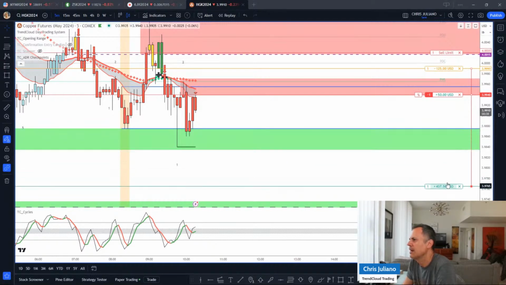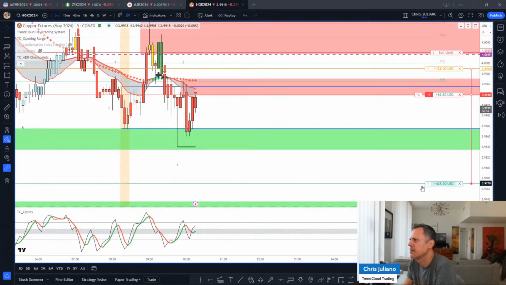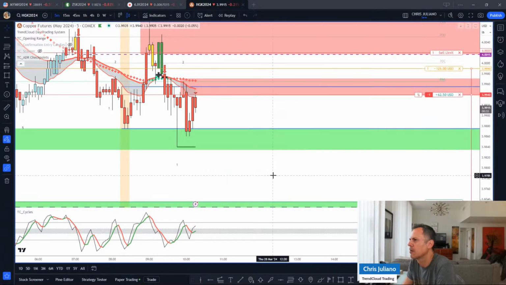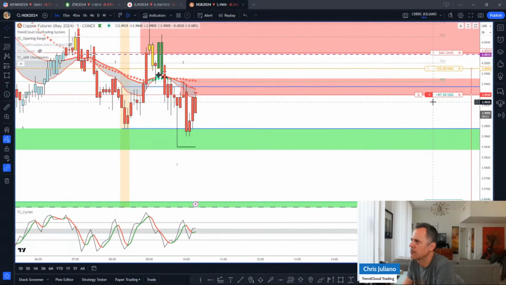I think if we break through this, I want to break through this structure and then start to move my stop loss.